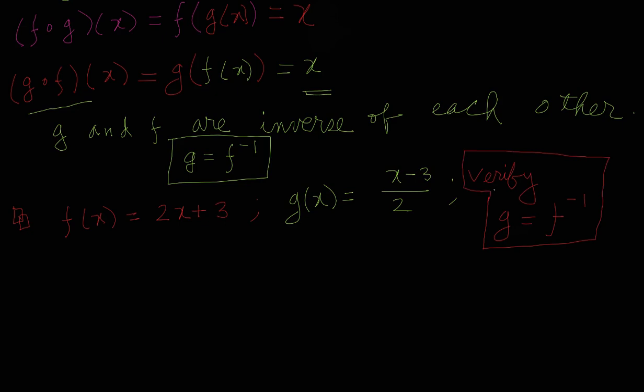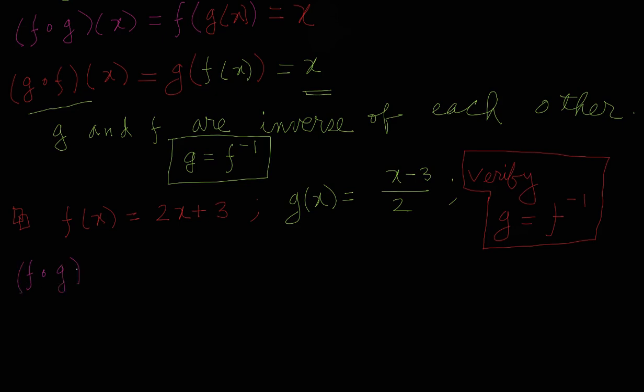Now, if I want to verify that these two functions are inverses of each other, I need to find the composition of these two functions. I am going to try first the composition of function f with function g.